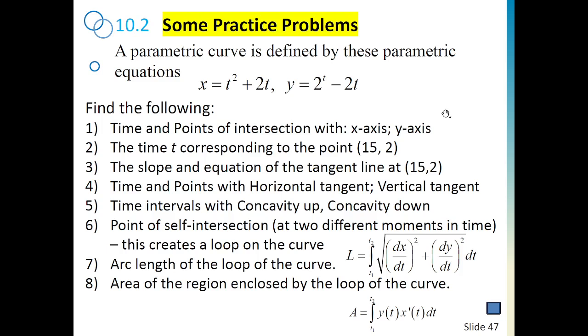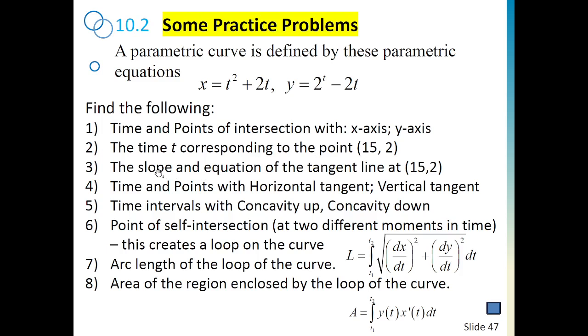This is again extremely rare, that on one curve we will ask everything, because computation might be challenging, especially for the integrals later on, so it's not so obvious. But let's try to do what we can on this particular one just to have some fun. We would like to have the times and points when we intersect the x-axis and y-axis, just to see how it looks. And then the time that corresponds to the point 15, 2, so something that should be easy to find maybe.